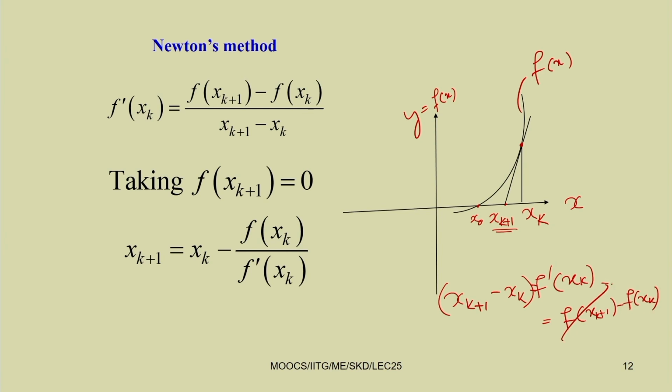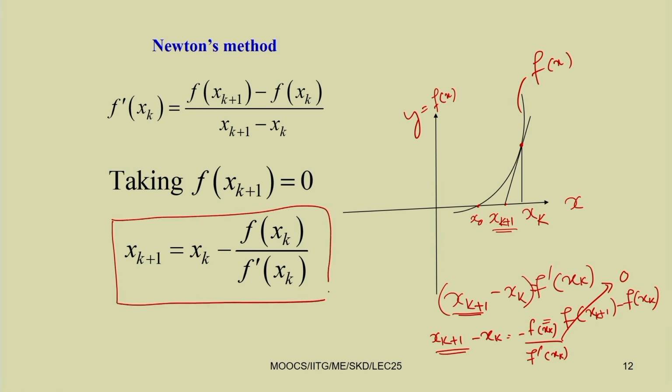As we are assuming that at x k plus 1 y equals 0, we can take f x k plus 1 equal to 0 and substitute it in this equation. So x k plus 1 minus x k is nothing but minus f x k by f dash x k, and you can find x k plus 1 equal to x k minus f x k by f dash x k. In this way we can get the next step.